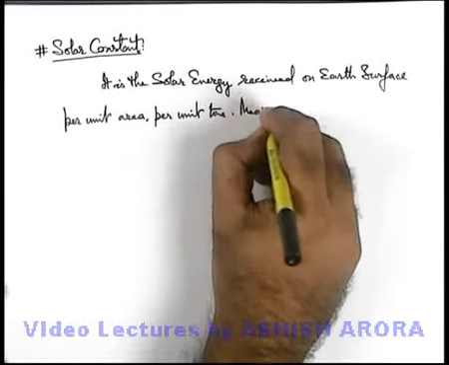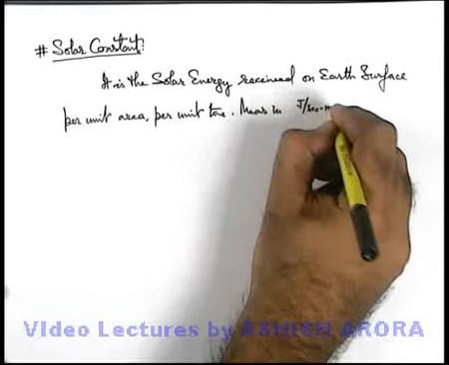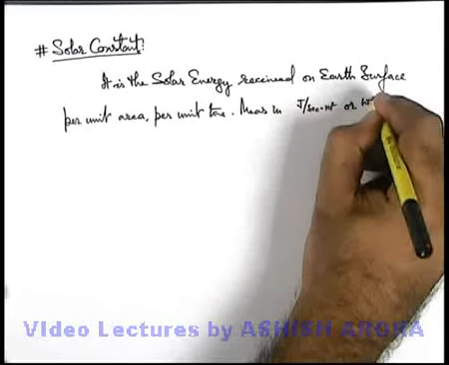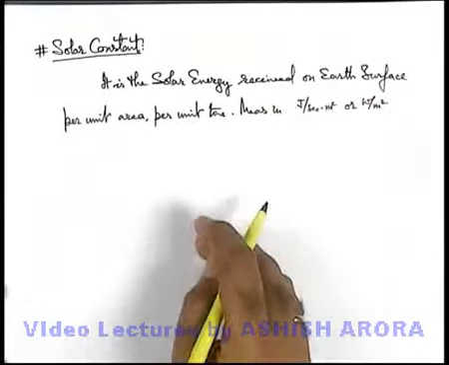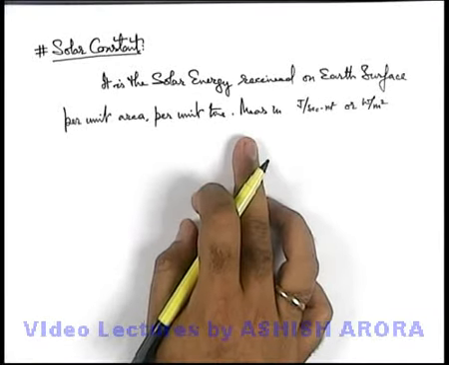So it is measured in units of joule per second per meter square, or in watt per meter square. It is also sometimes called solar intensity.